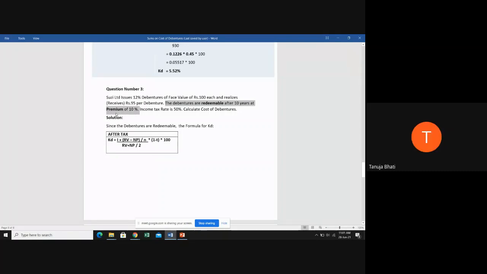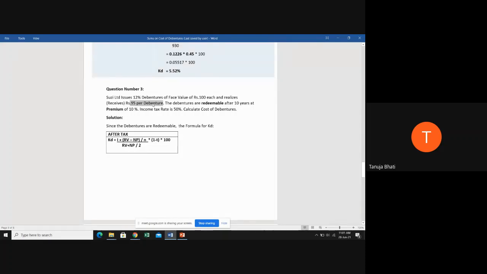So can you tell me the figures? What is going to be? 100. Very good. Okay. So I hope now you have understood the difference between issue price, or sold value or realized value when the company is getting at the start, and redeemable value. Redeemable means at the time of repayment.